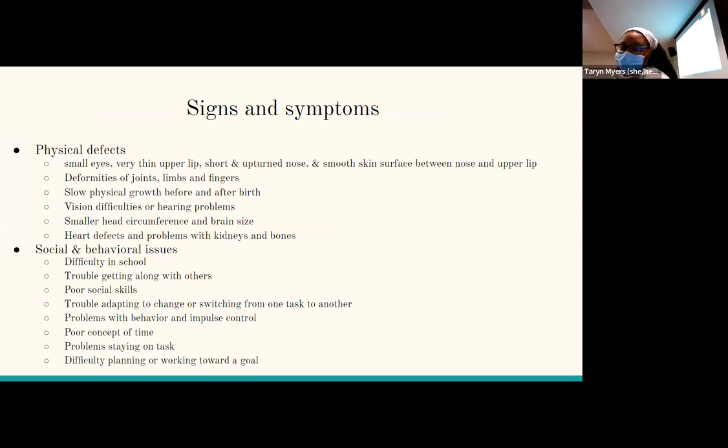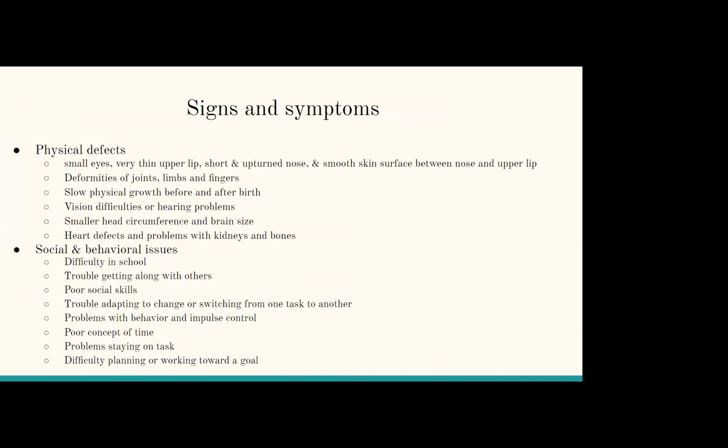Haley. Okay, I got it. Sorry, my phone was acting up. So the physical deficits would be small eyes, a really thin upper lip, and a short, upturned nose. They have a smooth skin surface between their nose and upper lip.